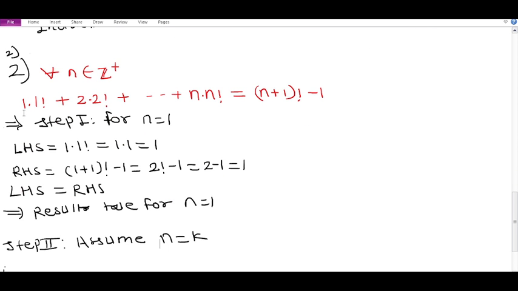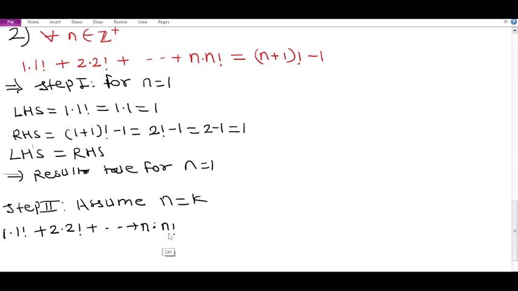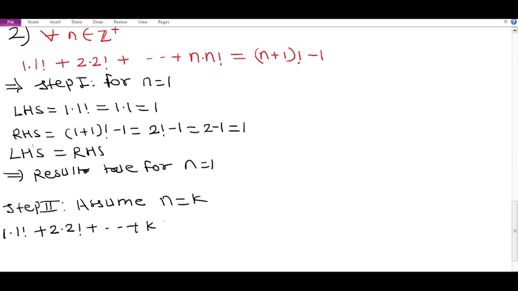So in this equation put n equal to k. So this is 1 into 1 factorial plus 2 into 2 factorial plus ... plus k into k factorial is equal to (k plus 1) factorial minus 1.